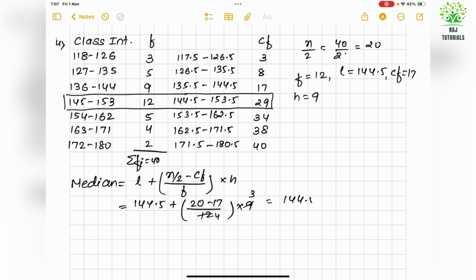So this will be 144.5 plus 3 by 4 into 3. So this will be 144.5 plus 9 by 4. So 9 by 4 if I divide, I will get 2.25. So answer is coming 146.7.